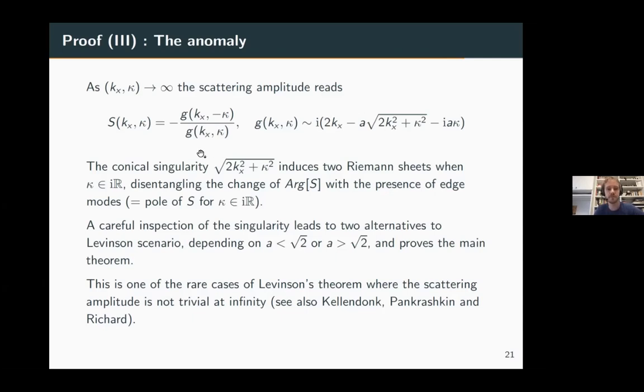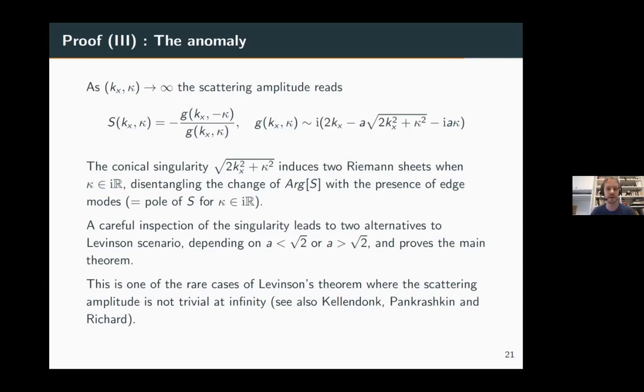But if you go through that with this conical singularity, then you will have a problem because this will induce two Riemann sheets when you go to complex values. And because of this singularity, you actually decouple the change of argument of the scattering amplitude from the presence of edge modes. And that's why at infinity, we are counting something that is not there, or we are not counting something that is there.